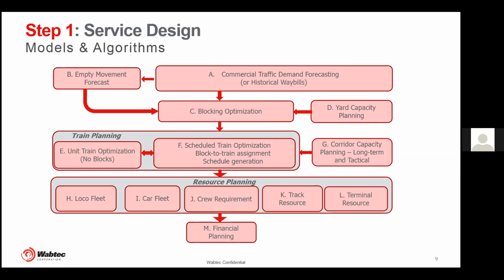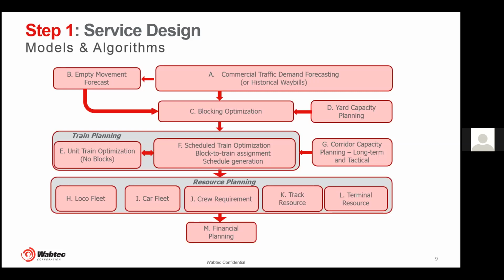I will not walk through each step, but the key highlight is, again, block optimization is necessary to create an optimal set of blocks for each yard terminal over the entire rail network in order to move the traffic in the most efficient manner. Once the blocking plan is developed, then the train plan is created using the blocking plan as an input.